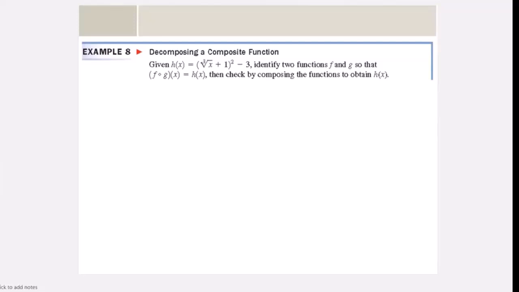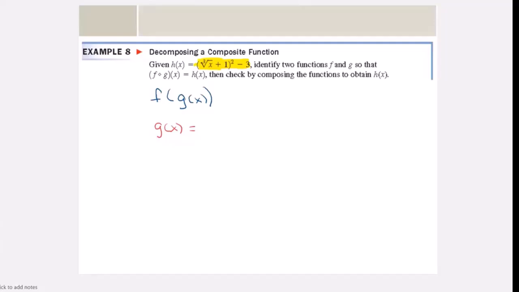Again, this has more than one possible answer. So we have f of g of x. And I'm going to now be looking at my h of x. And I want to see what I can find to make g of x so that when I compose it with f of x, it's going to be h of x.